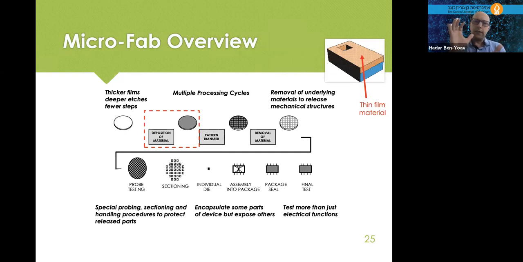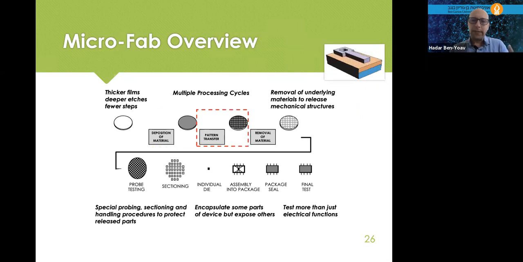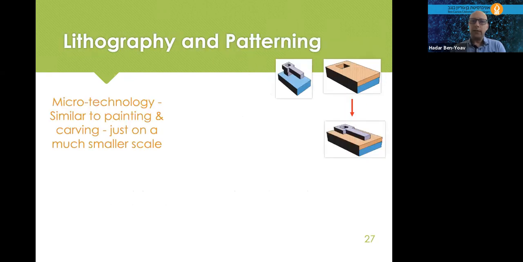But so we have this kind of material that is responsive to light. And now let's see how we can do the transfer. This kind of transfer of the features, of how the channels, for example, look like, is called lithography. Or specifically, when you use light, it's called photolithography.